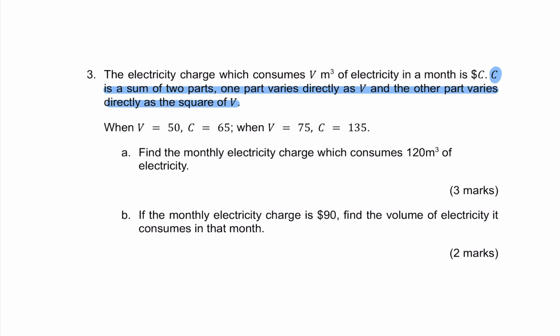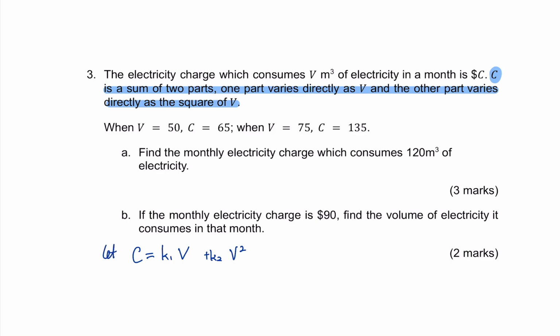Maybe it's some gas, some other things. So this C here is a sum of two parts, so K1 plus K2. The one part is directly proportional to V, and the other part is directly proportional to the square of V. Okay, that's your equation.